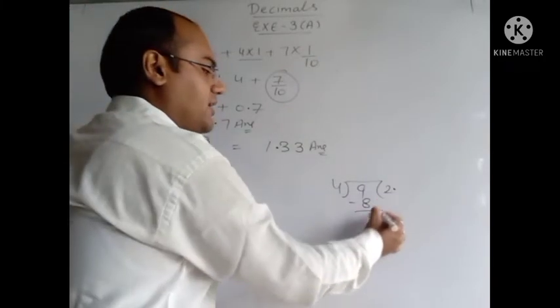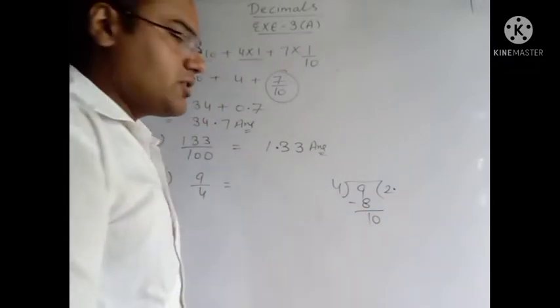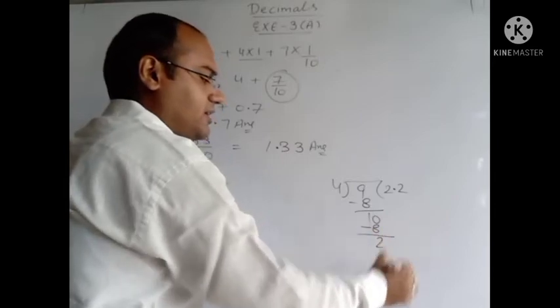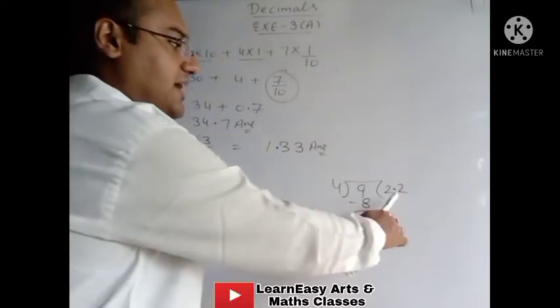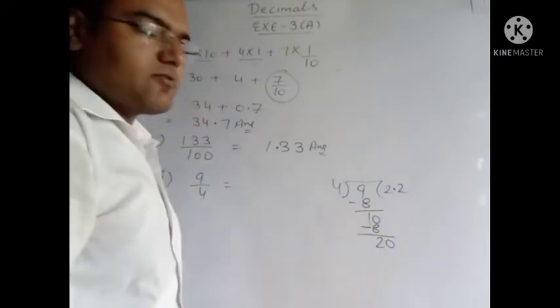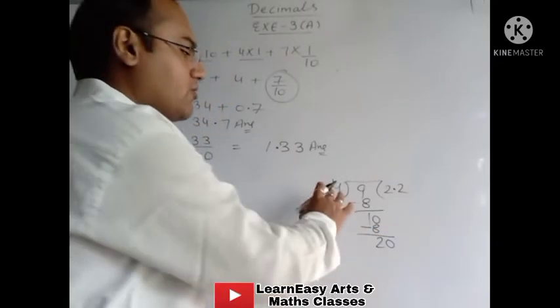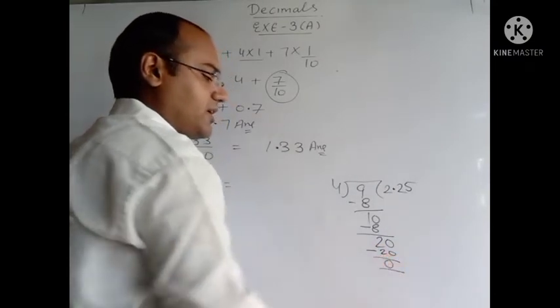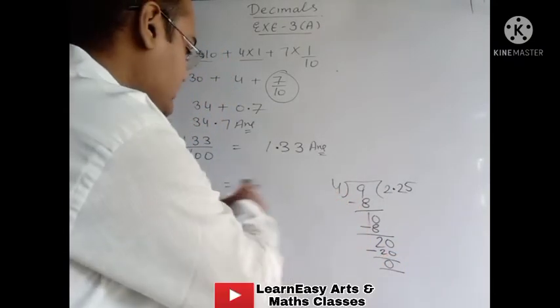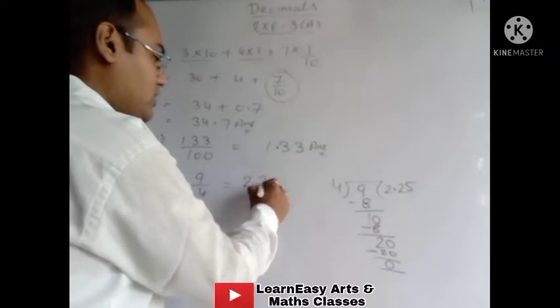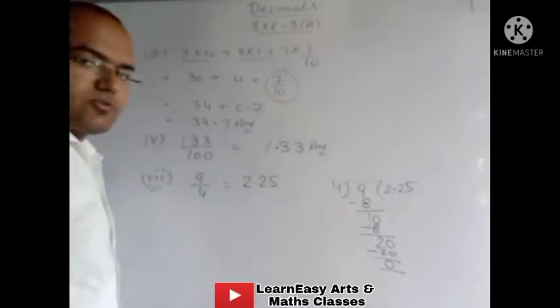Now we put the point and add 0 here, making 10. 4 2s are 8. On subtracting, the remainder will be 2. Since decimal is there in the answer, we take another 0 from our side, making 20. 4 5s are 20. On subtracting, the remainder is 0. So on changing this fraction into decimal, we get 2.25. This is the first method.